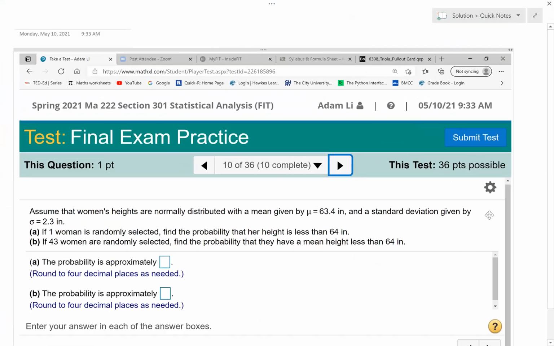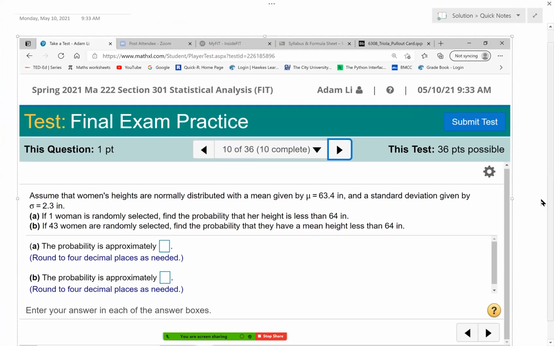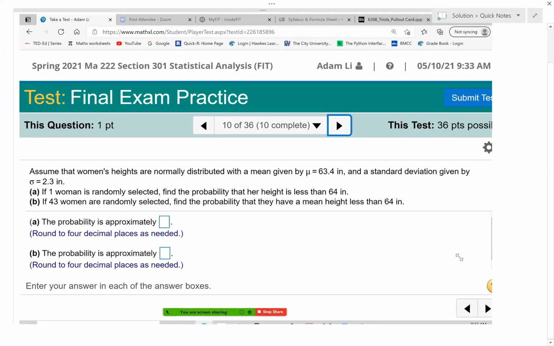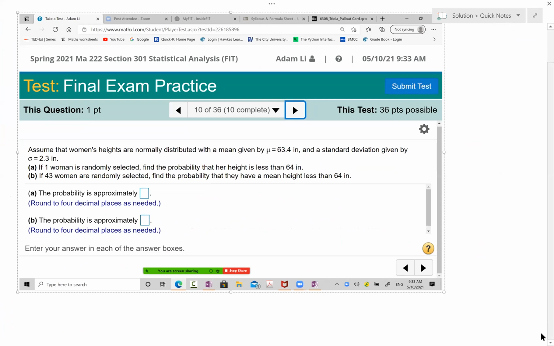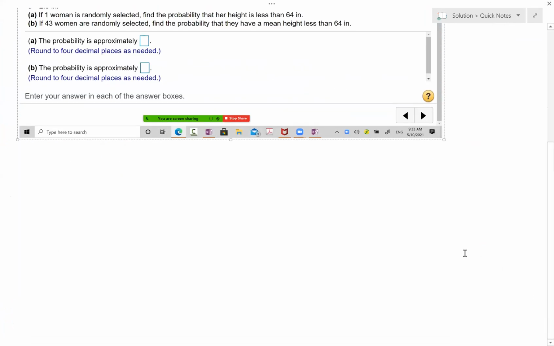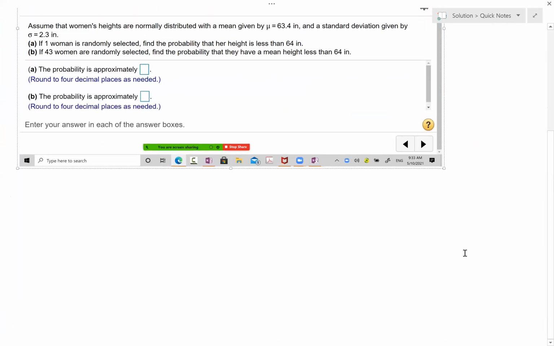Okay, and let's look at part A first. So now, again, you're probably going to draw the bell curve, try to visualize everything here for part A. So here we go. And we're going to draw the bell curve.